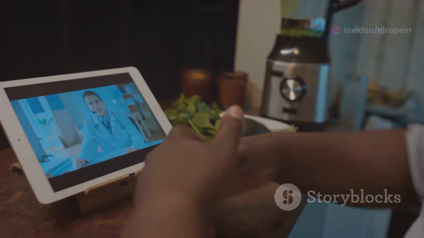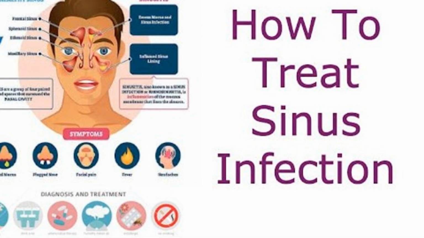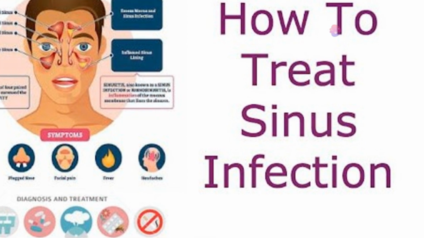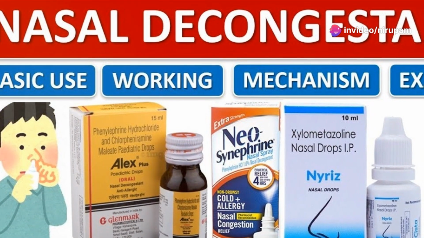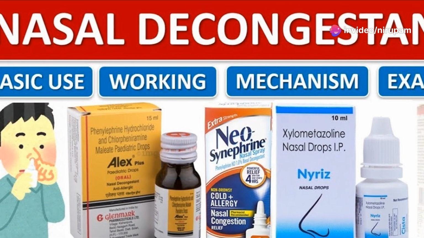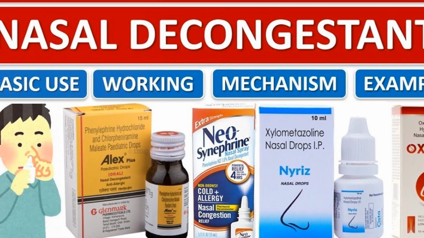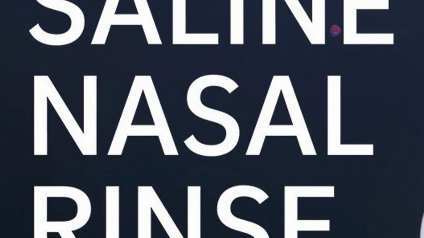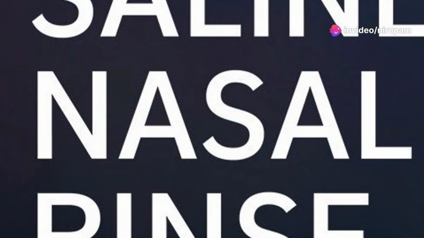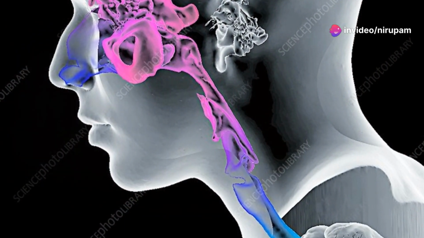Management and treatment. There are many treatment options for sinusitis, depending on your symptoms and how long you've had them. You can treat a sinus infection at home with decongestants, over-the-counter, OTC, cold and allergy medications, nasal saline rinses, drinking plenty of fluids.